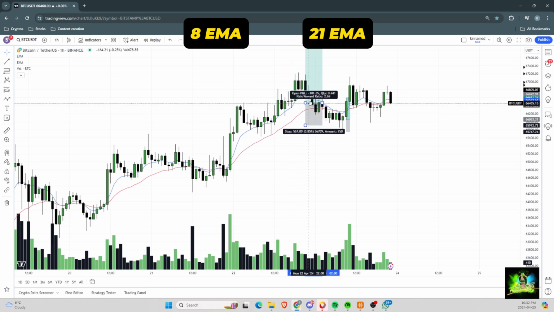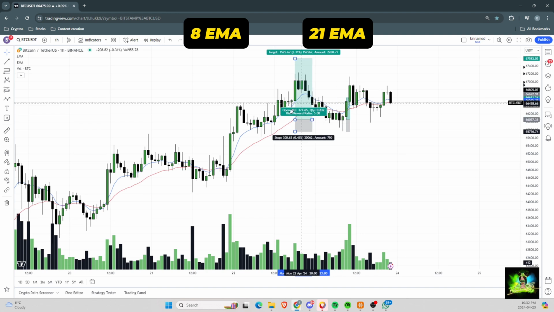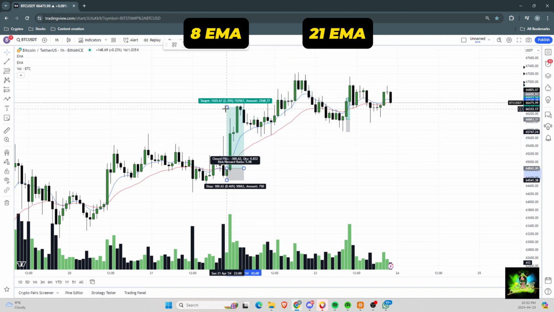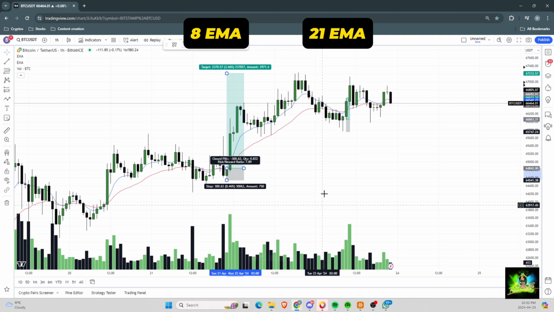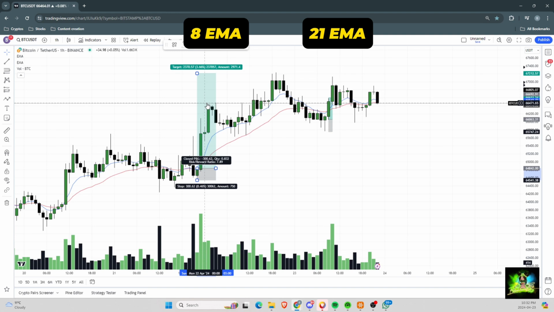And at some point in time, it comes below your 21 EMA, right? So here your stop loss hits. So instead of making 1%, you made about 3.66% if you're monitoring your trade closely, if you're using this strategy. So that's how you use 21 and 8 EMA for trading.